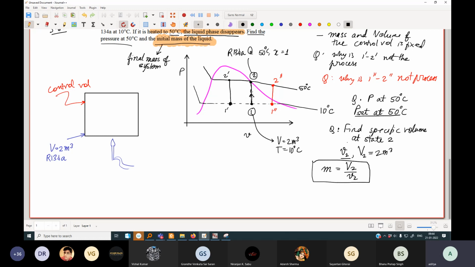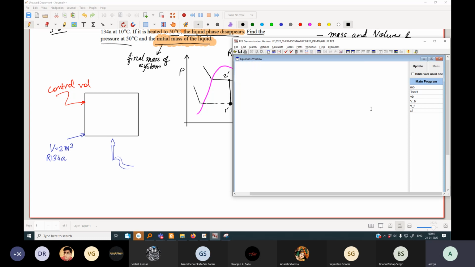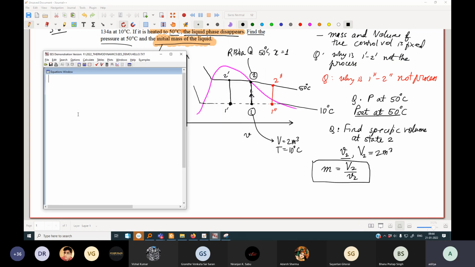I will quickly do it on EES and show it to you. So let's get rid of all this. I will not define everything as arrays because I would like to eventually plot it. We would be very much benefited if we are able to plot that as well. Okay, so let's do it.